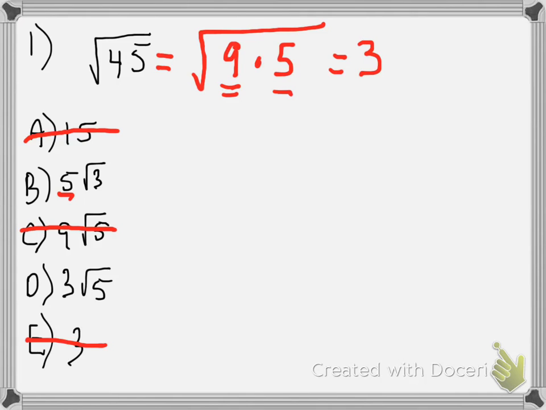The square root of 5 is the square root of 5. Okay? So 3 square roots of 5. But now, again, here we were right away, we got rid of 2 answers. Okay, so I got it down to 3.